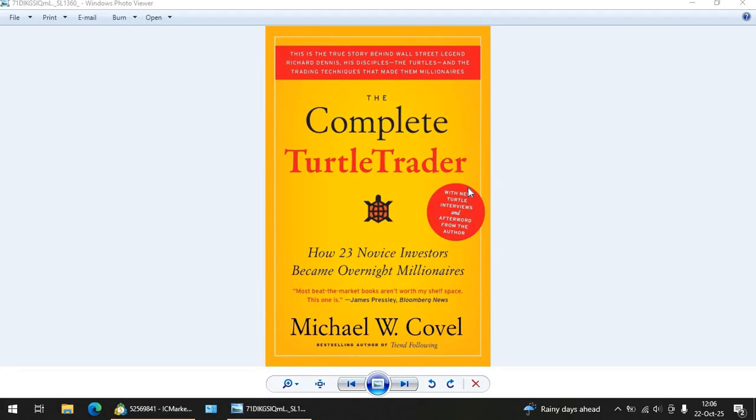The confusion with pyramiding came from the fact that they used two systems, S1 with 20 days for breakout and 10 days for trail stop, and S2 with 55 days for breakout and 20 days for the trail stop.